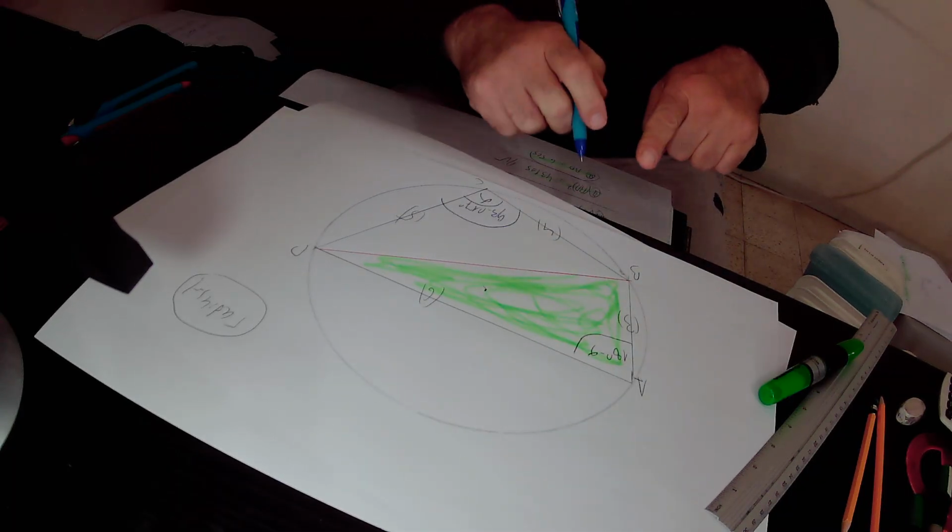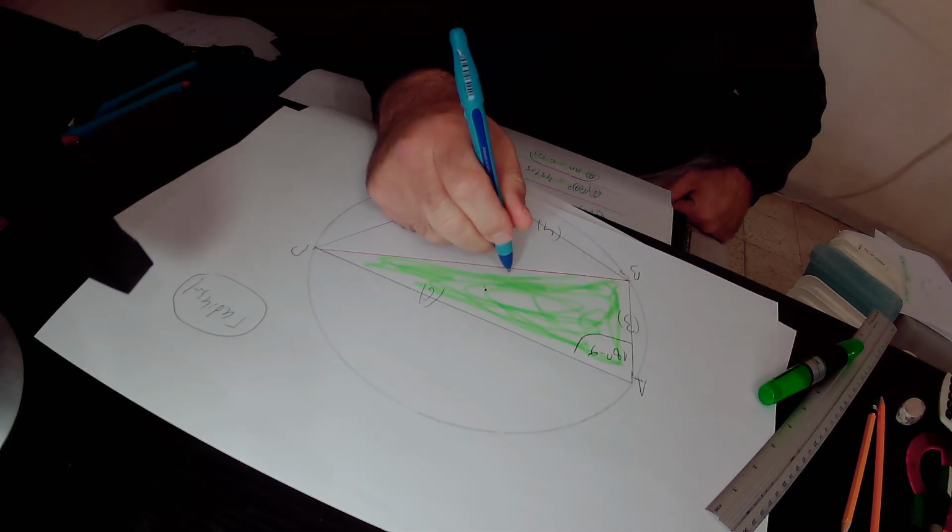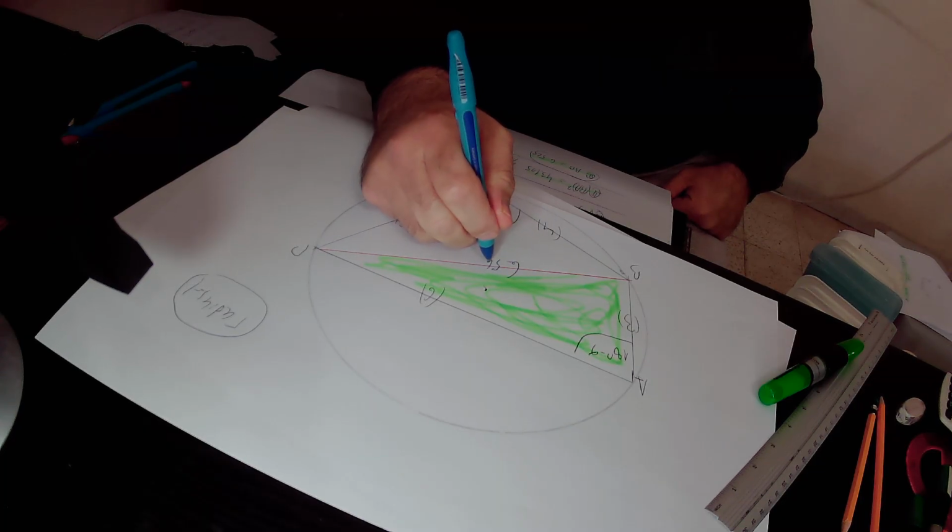So this is called BD. This is equal to 6.565 units in its length.